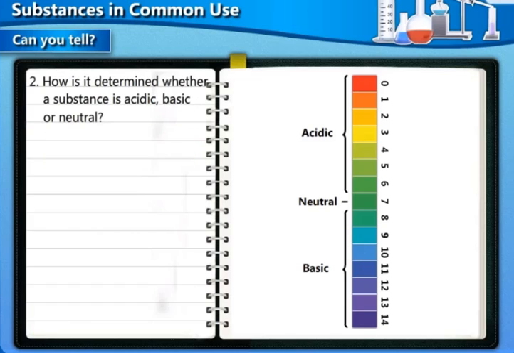2. How is it determined whether a substance is acidic, basic, or neutral? Answer.